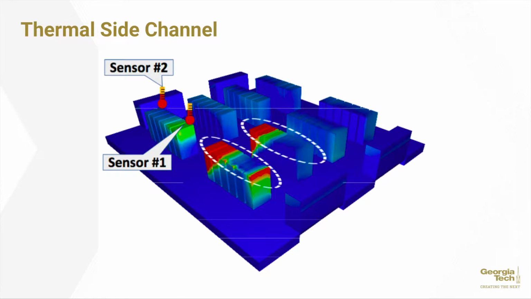Now, a thermal side channel is essentially heat flowing from one server to another. Whenever a server is processing a heavy load, it requires more power to run this load, and that power will cause heat to emit from the server. Another server can take in this heat from its air intake point.